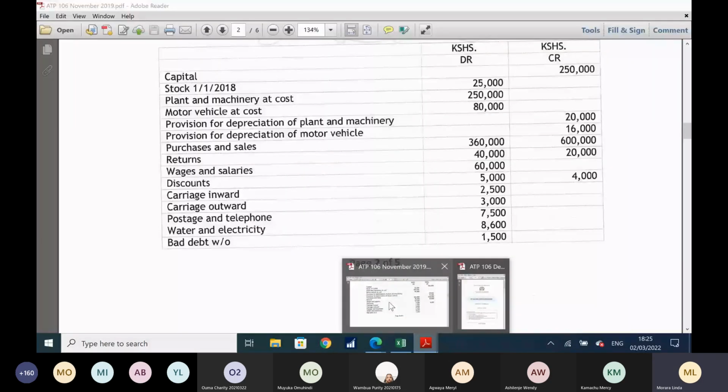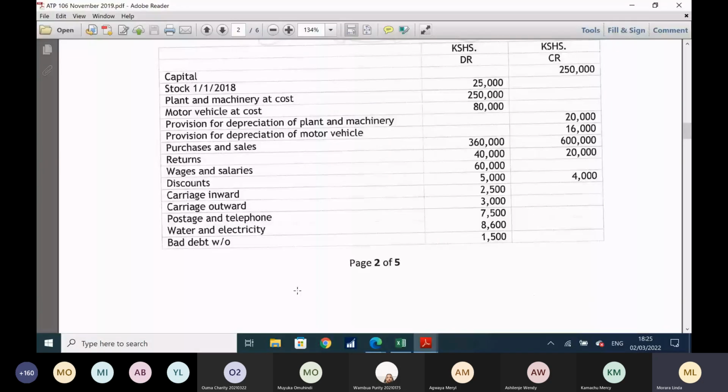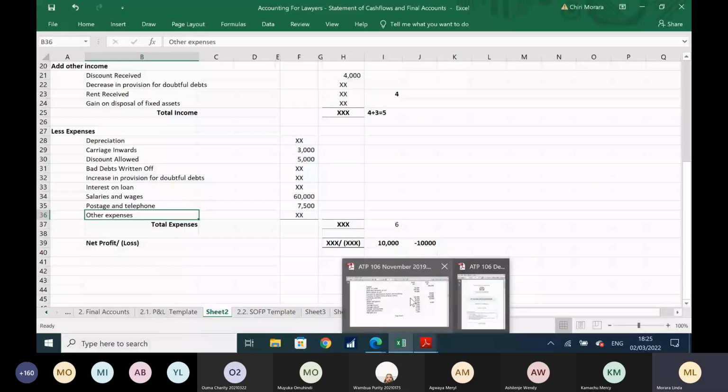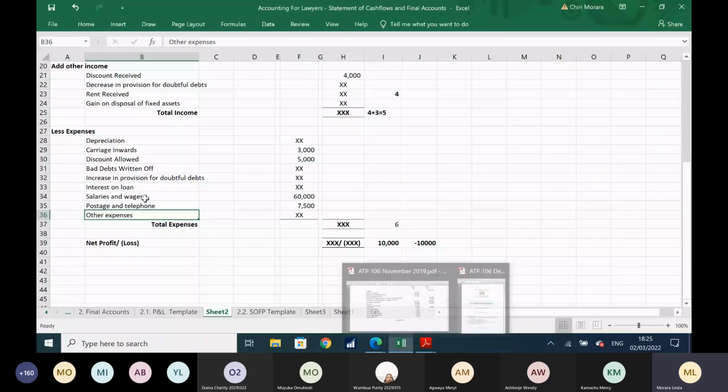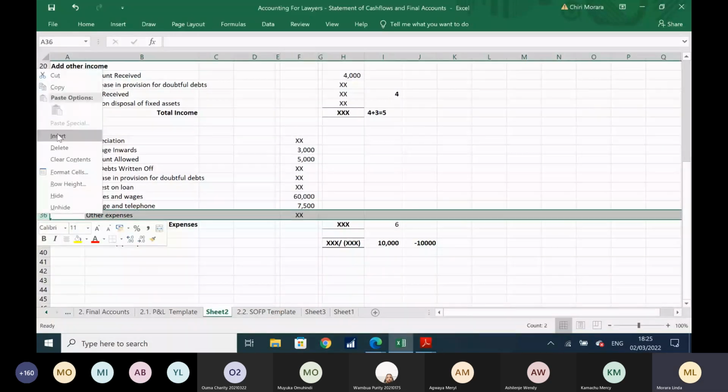Our postage and telephone is 7,500. After that, you have your water and electricity, which is 8,600. Turns out we do not have water and electricity in the template as well.